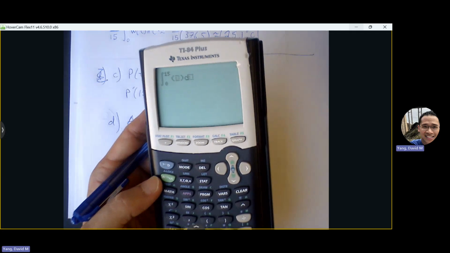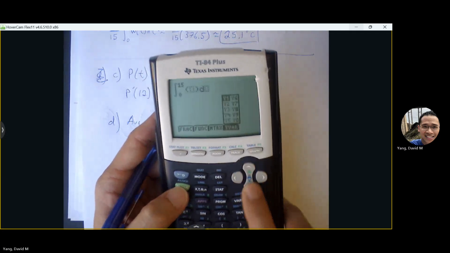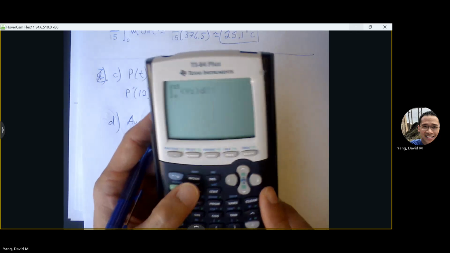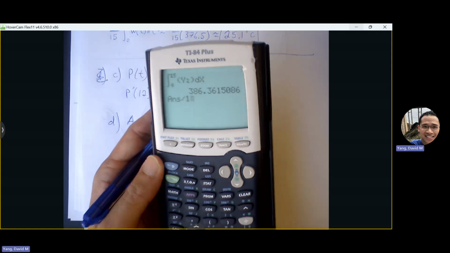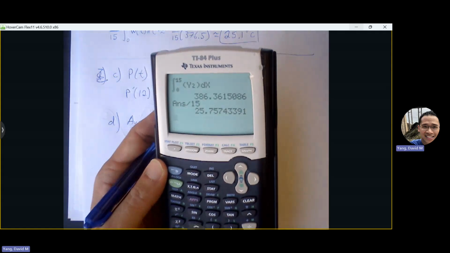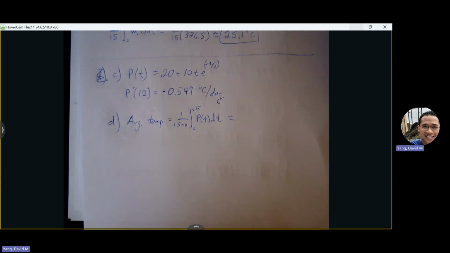Alpha trace Y2. Don't forget to divide by 15. We want to find that average temperature. Should be pretty similar to part B, and it is 25.757 degrees Celsius.